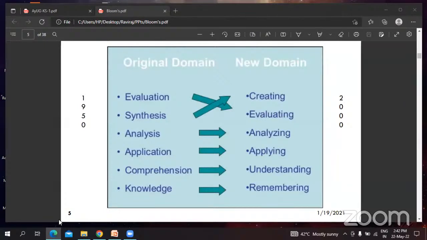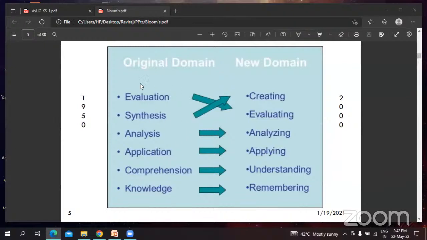Earlier, if we go from bottom upward, the first one was knowledge, which is now called remembering. Then comes comprehension, now known as understanding. After that, application, now known as applying. Fourth is analysis, now called analyzing. Number 5 is synthesis, and number 6 is evaluation.